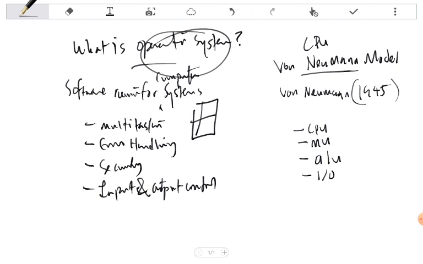So now, when you look at it, we basically have 1, 2, 3, 4, 5. Do you understand now? These components are connected together using what we call the system bus.